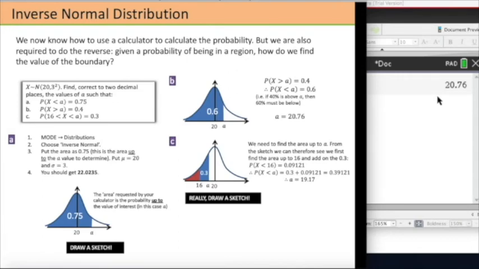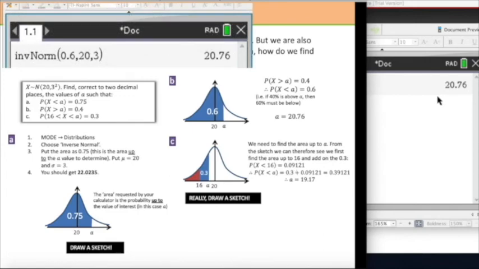So first things first, we need to find this red area, where the probability of x is less than 16, that one there. We need to find that area, which is 0.09121.